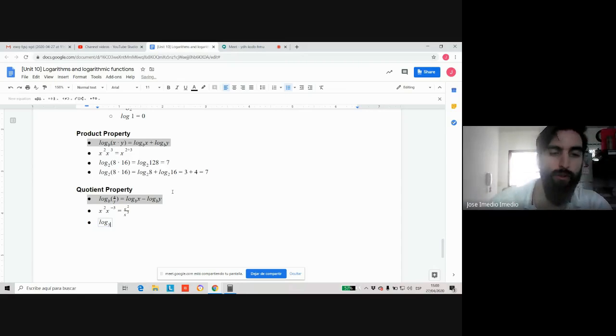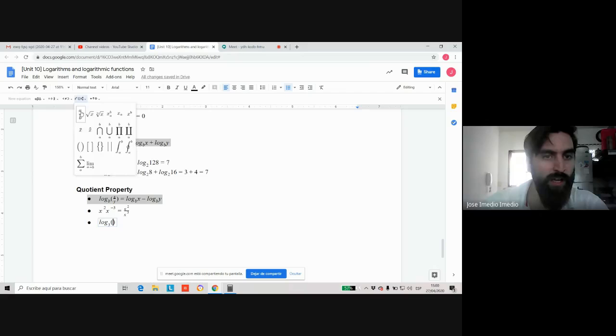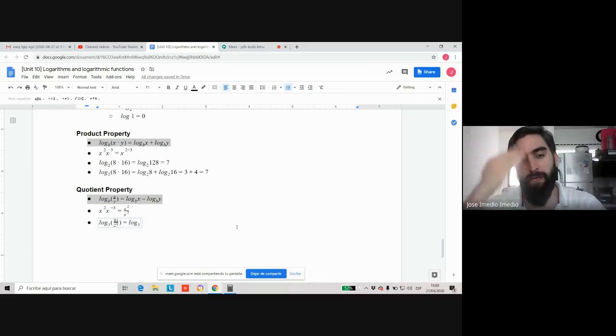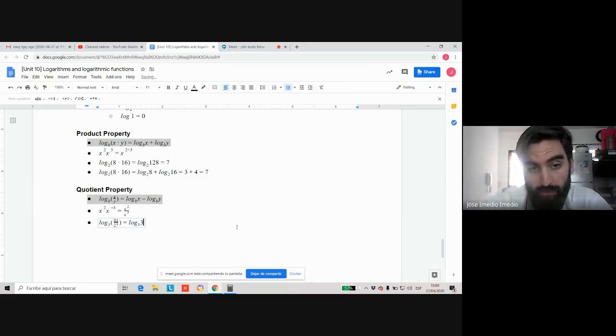The logarithm base 3 of, and here's a quotient, 81 over 27, equals the same thing. Let's solve it like this. I know that's the same as saying the logarithm base 3 of 81 divided by 27, which is 3.